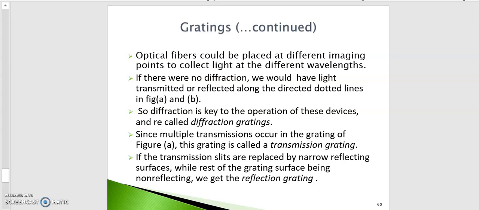In order to collect those wavelengths, optical fibers can be placed at different imaging points to collect the light of different wavelengths. Suppose diffraction is not occurring, what will happen? We would have light transmitted or reflected along the dotted lines.